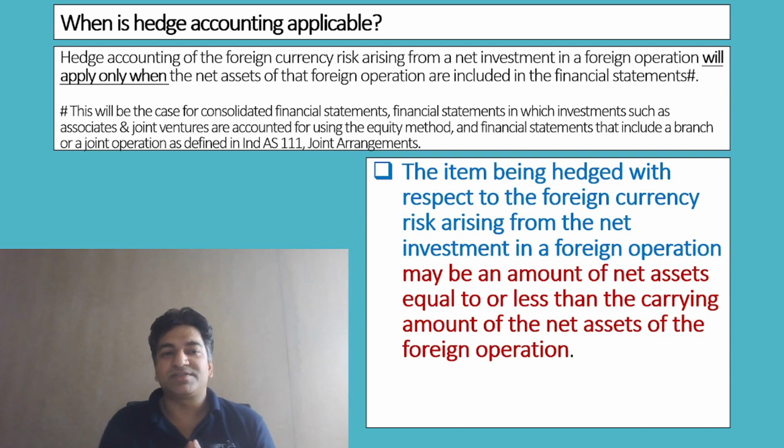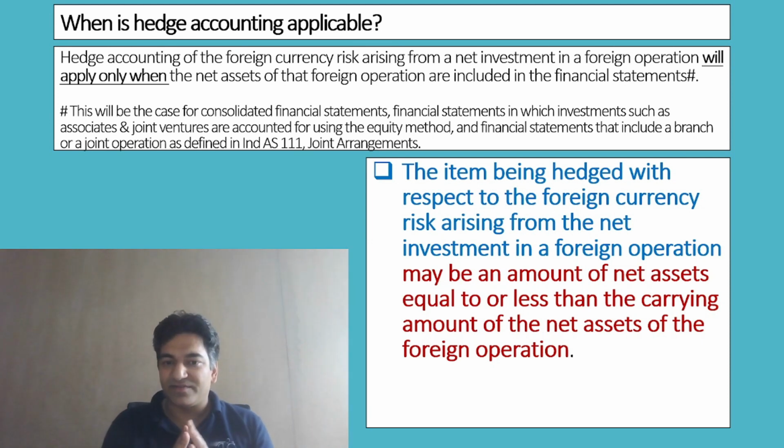We are not going to discuss more about consolidated financial statements, associates, joint ventures and branches in this session. Hedge accounting will apply only when the net assets of these foreign operations are included in the consolidated financial statements. Now the item being hedged with respect to the foreign currency risk arising from the net investment in a foreign operation may be an amount of net assets equal to or less than the carrying amount of the net assets of the foreign operation.